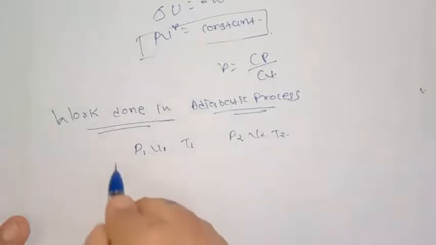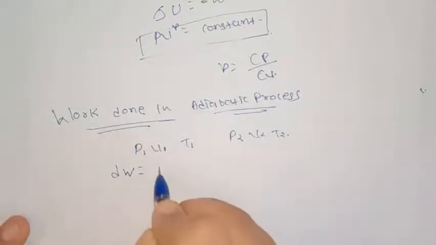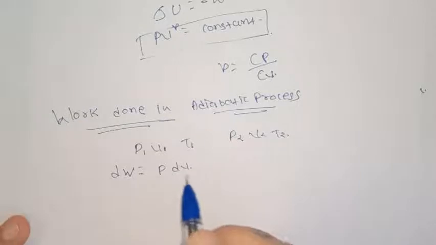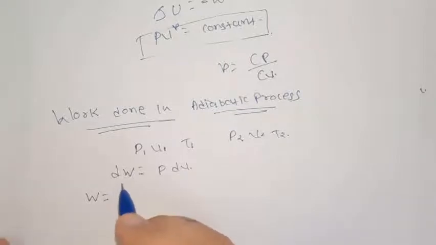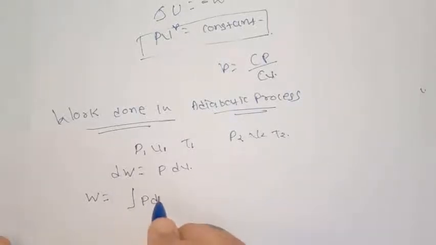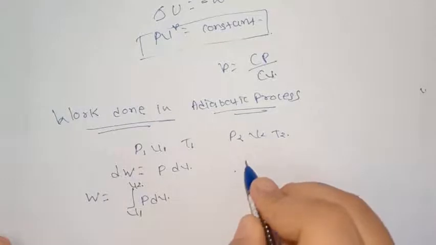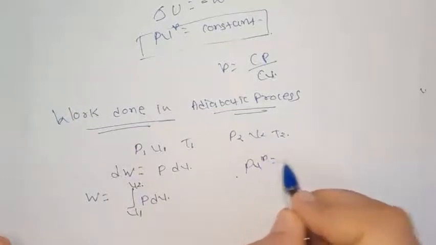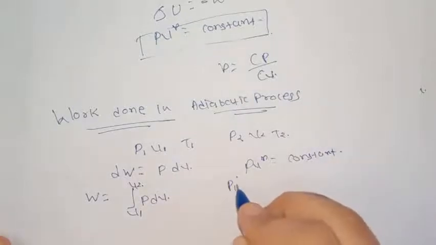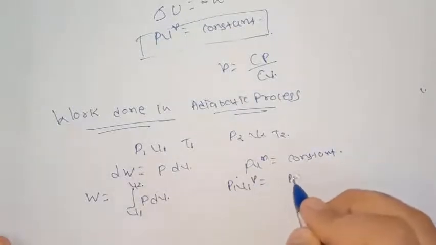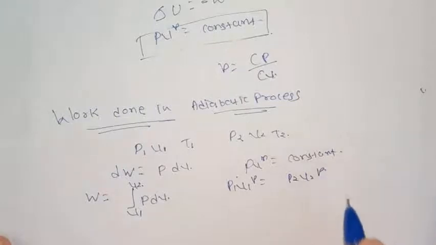Now, the small work done dW can be given by P dV. So, the work done will be equal to the integration of P dV, limits from V1 to V2. Now, as PV^gamma is equal to constant, we can write P1 V1^gamma is equal to P2 V2^gamma.